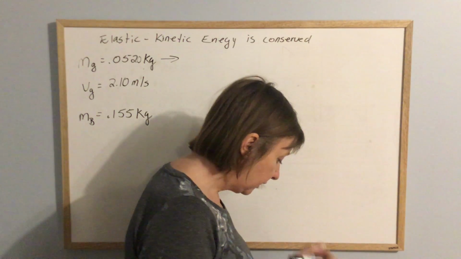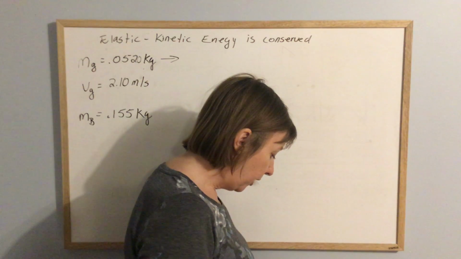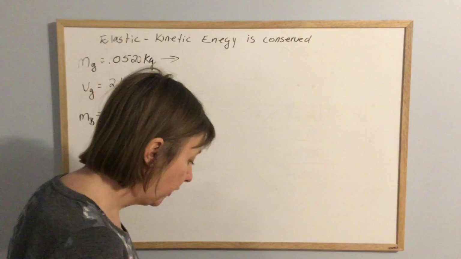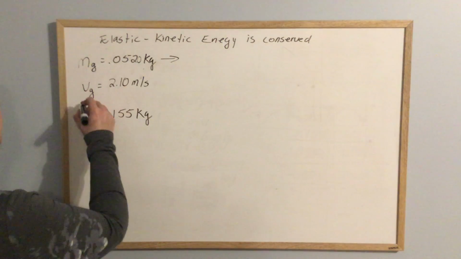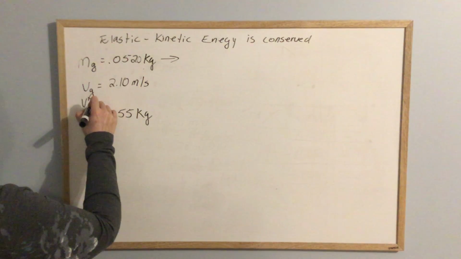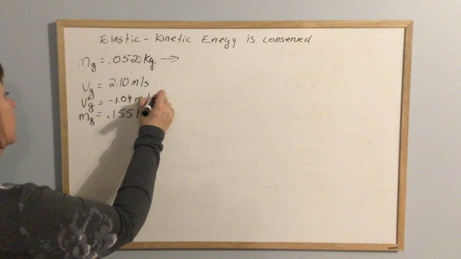It says it collides head-on with this billiard ball. If the golf ball rolls directly backward with a velocity of negative 1.04 meters per second, so the final velocity of the golf ball is negative 1.04 meters per second.